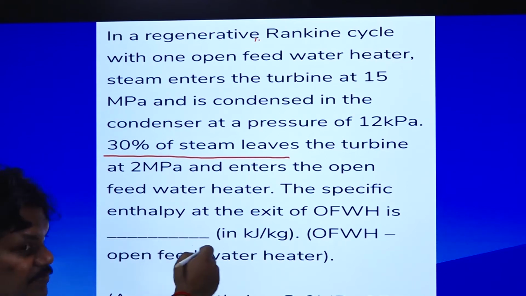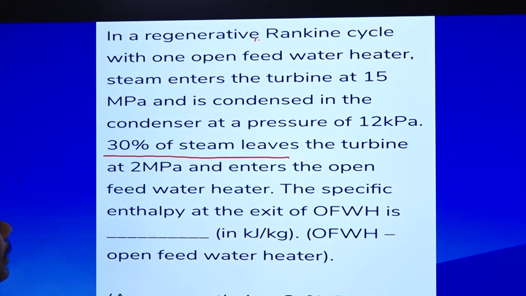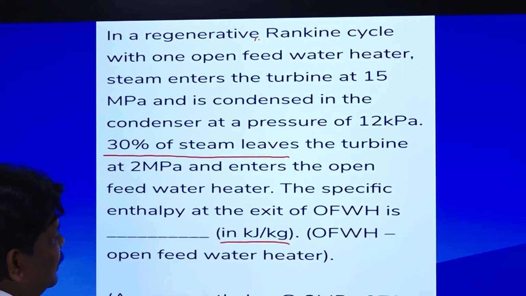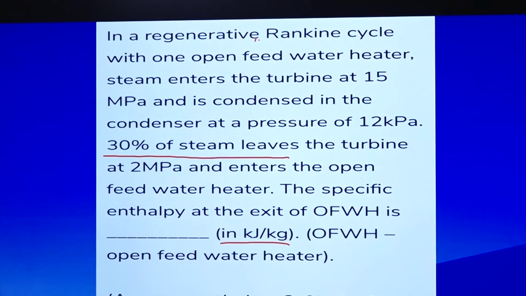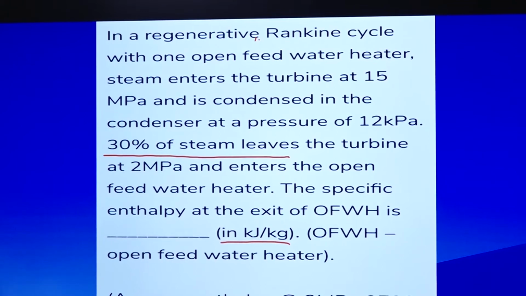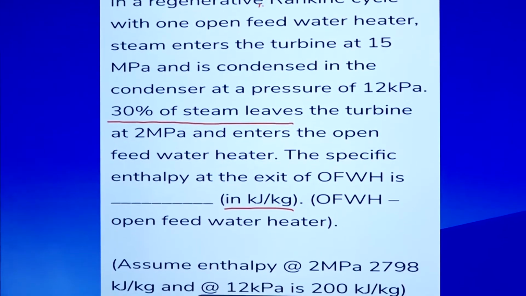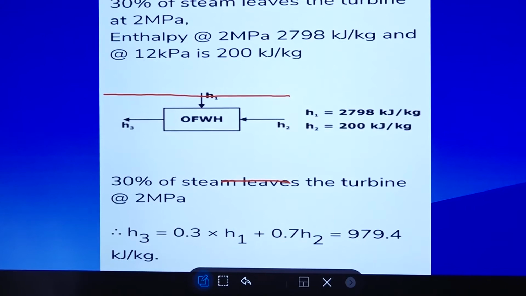The specific enthalpy at the exit of OFWH, that is open feed water heater, is given there. The enthalpy is assumed at 2 megapascal as 2798 kilojoule per kilogram, and at 12 kilopascal as 200 kilojoule per kilogram.